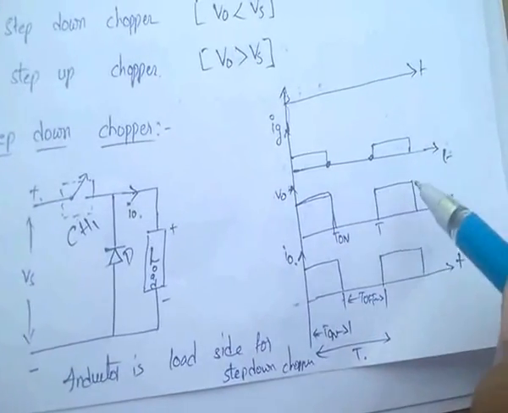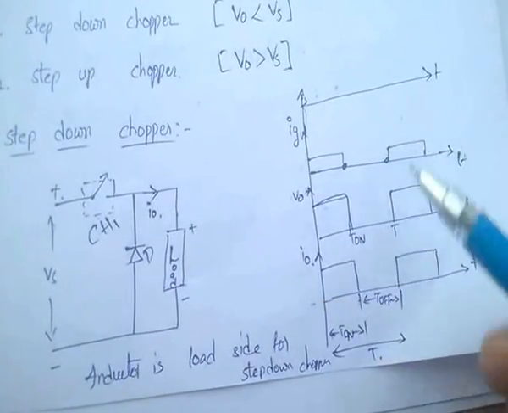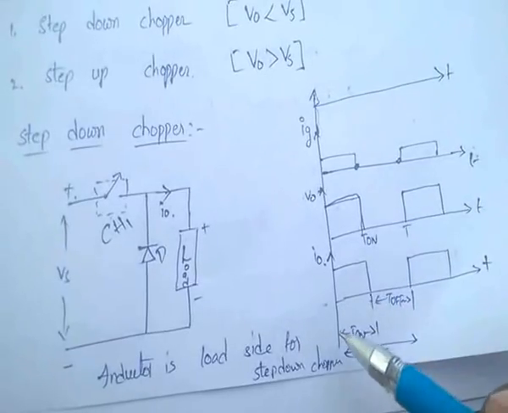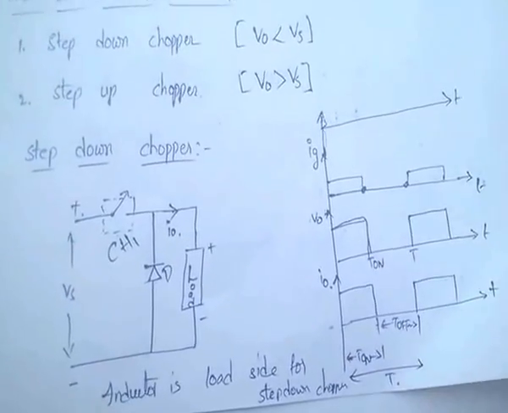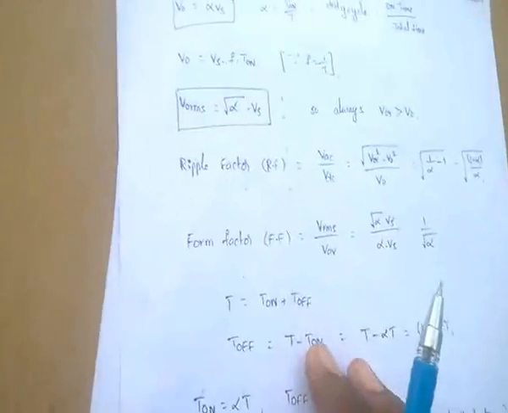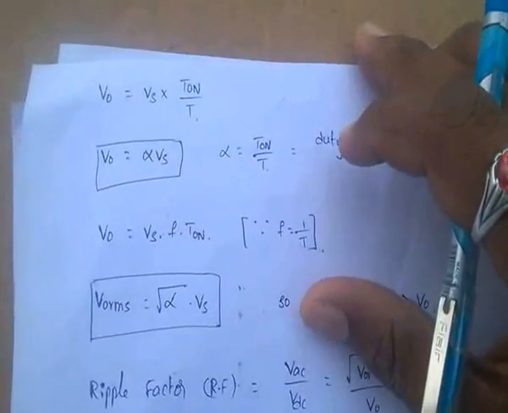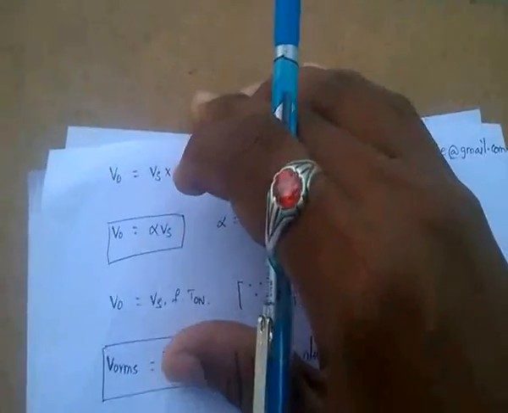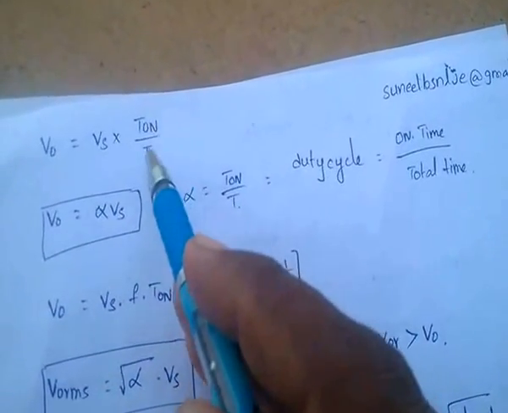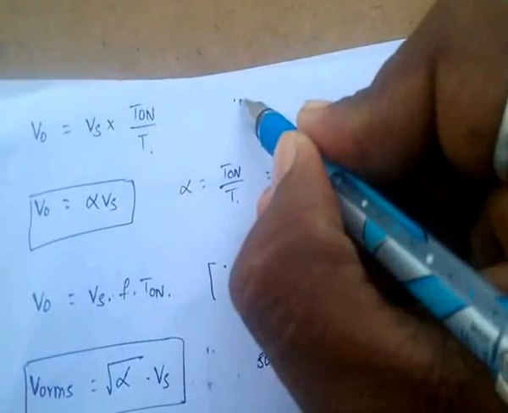In this way, we can get variable DC voltage by turning on and turning off variations. Coming to the output voltage of this step down chopper, V naught equals Vs times T on by T. T on is the turning on time, T is the total time.